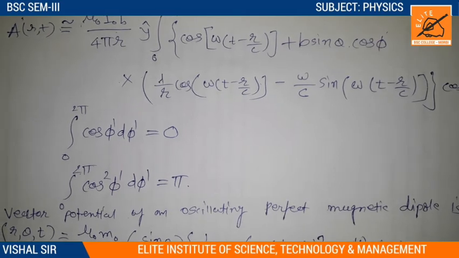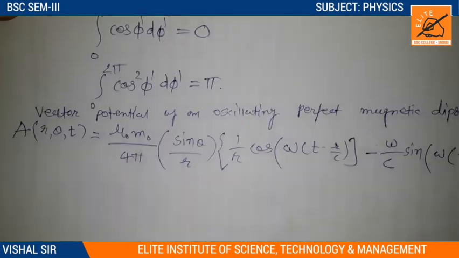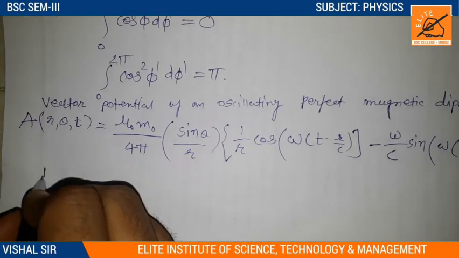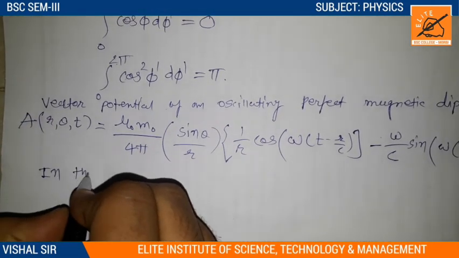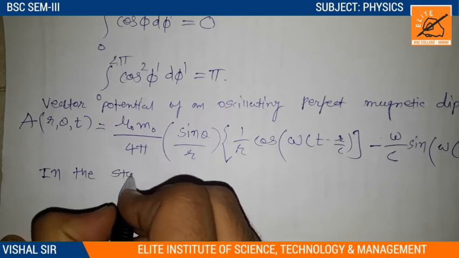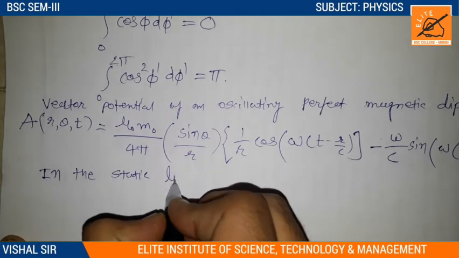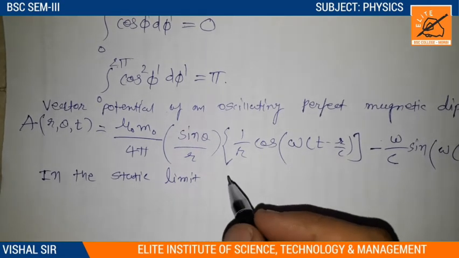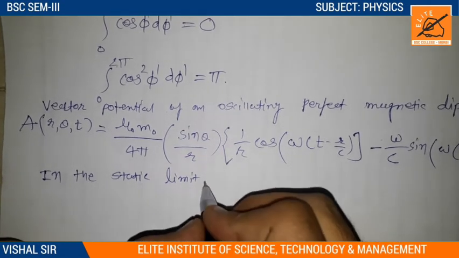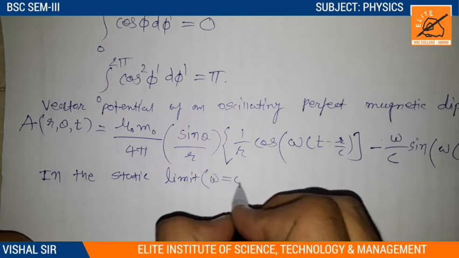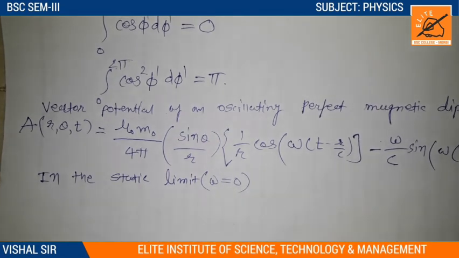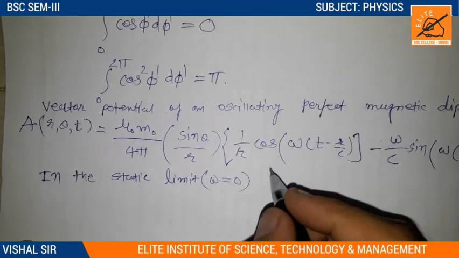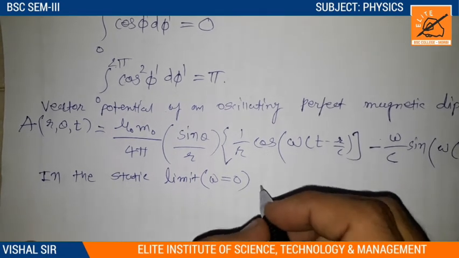In the static limit, it means omega is equal to 0, that is called static, we recover the familiar formula.